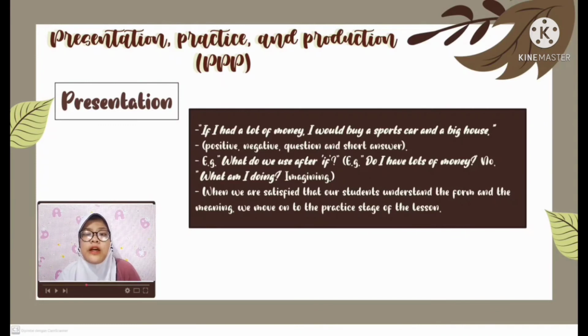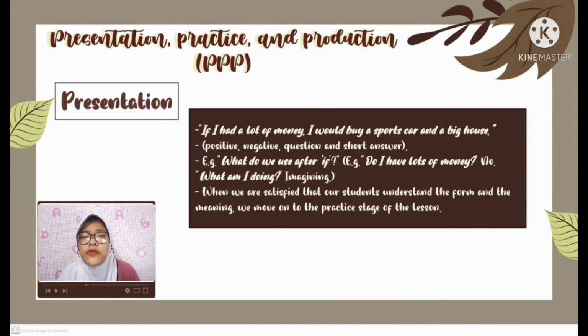So for example, when we're presenting the second conditional, we can draw a picture of ourselves with thought bubbles, like lots of money, a sports car, a big house, and a world map. So we can ask our students what we are thinking about, and then introduce the target language. For example, if I had a lot of money, I would buy a sports car and a big house.